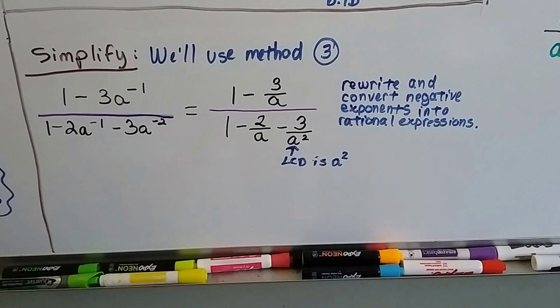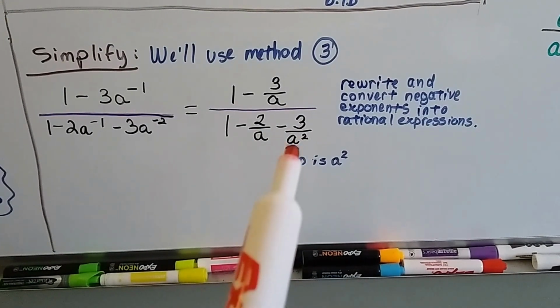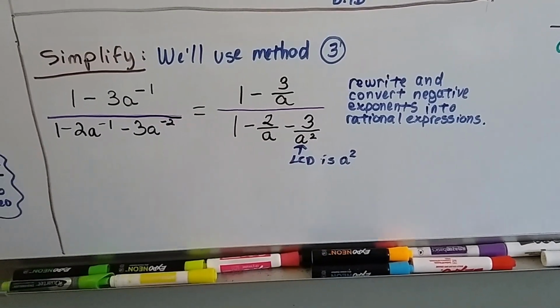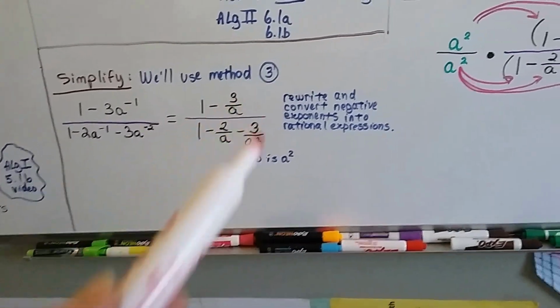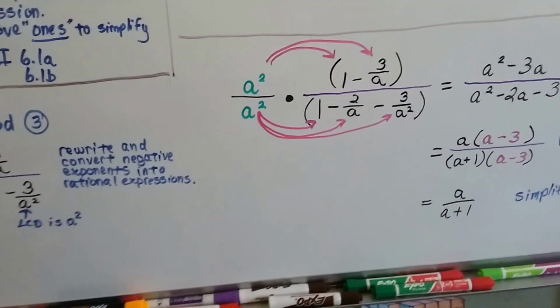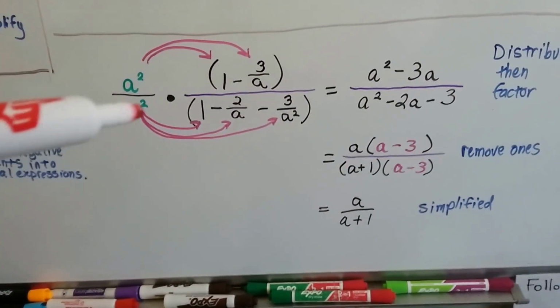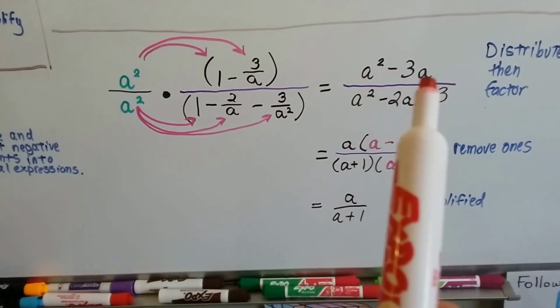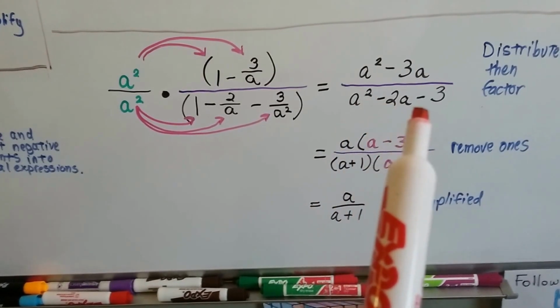We're going to look for the least common denominator. We've got an a and an a squared, so the a squared is going to be our LCD. Okay? So now we need to multiply this whole thing by a squared over a squared. We're going to distribute that a squared in for the numerator and denominator, and we're going to get a squared minus 3a over a squared minus 2a minus 3.